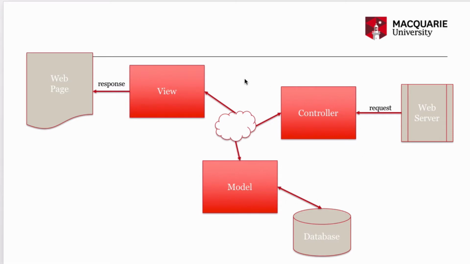The different parts of the MVC architecture are the model down here, and the model is the part that understands and talks to the database. So the database here is our SQLite or MySQL database, and the model provides an interface to that database for the rest of the application.